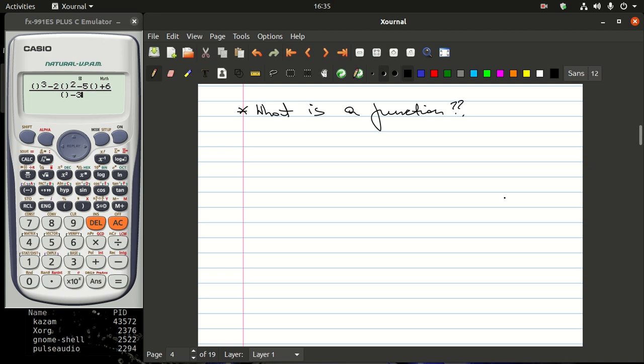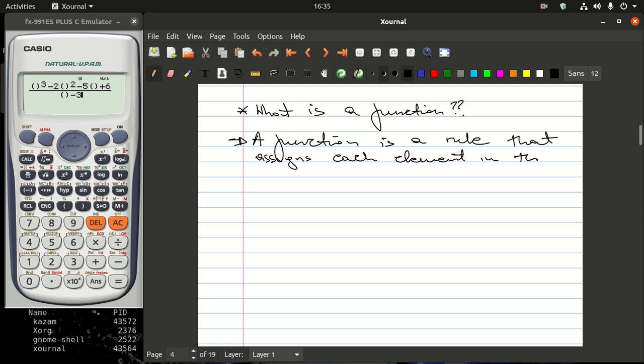In a matter of definition, a function is, let me just write this, a rule that assigns each element in the set D to a unique element in the set E. That's what a function is.